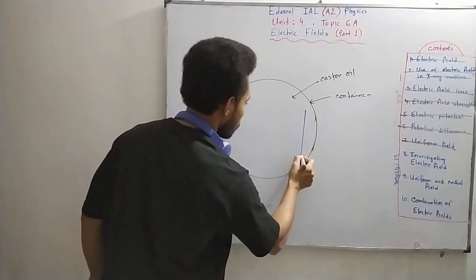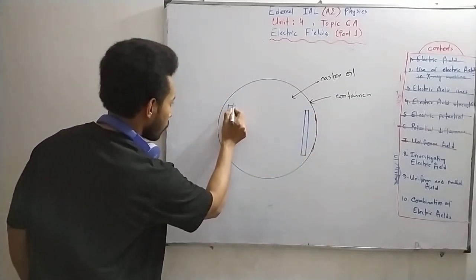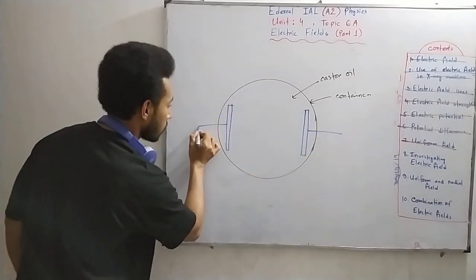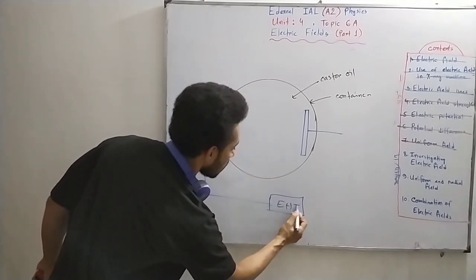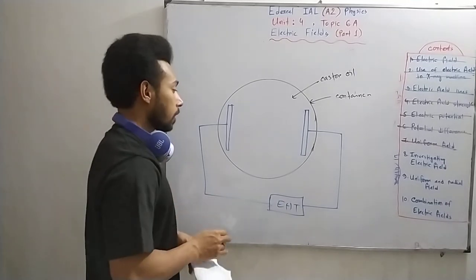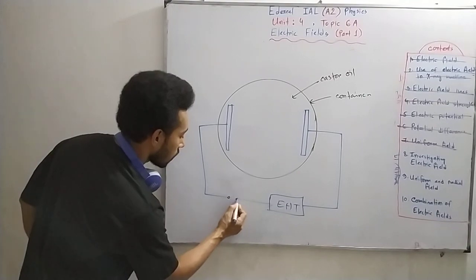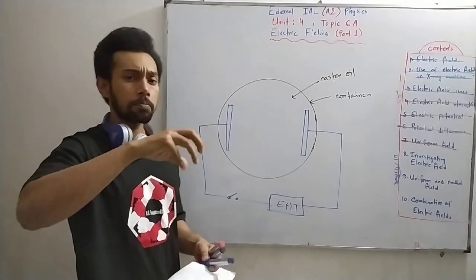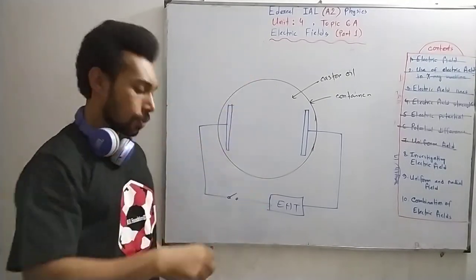Now place two metal plates within the castor oil or within the container, connect it with an EHT, and before turning on the power supply, suppose the switch is still open, before turning on the power supply, sprinkle some semolina grains onto the castor oil.